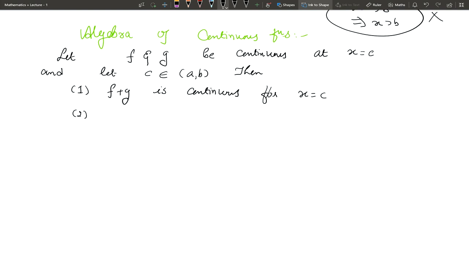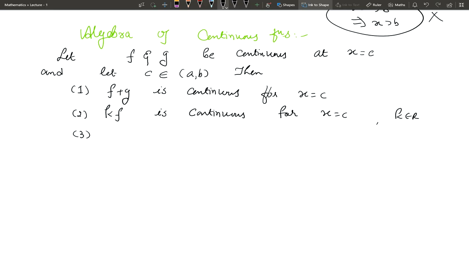Second, k into f is continuous for x equal to c, where k belongs to R. If f is continuous, then k into f is also continuous for x equal to c.